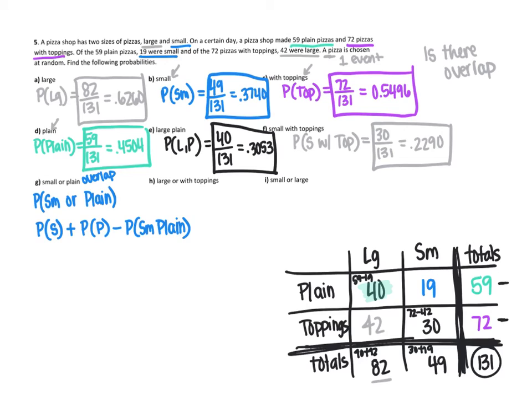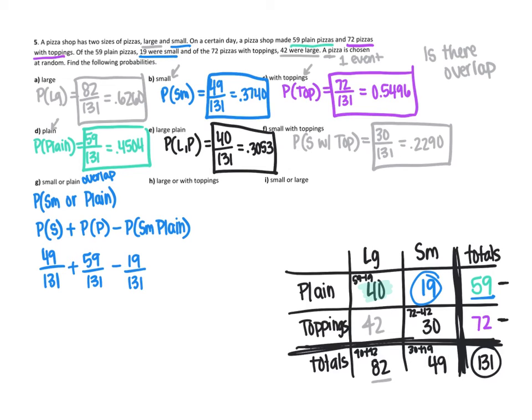All right, so now the probability of small is 49 out of 131. The probability of plain is this 59 out of 131. But what I've done is I've counted these small plain pizzas twice, so I have to subtract out the fact that I counted them twice.